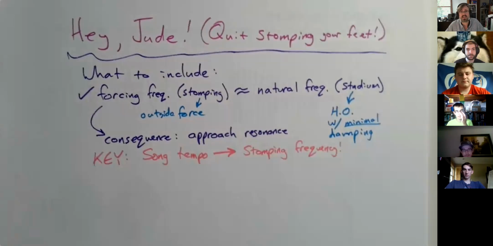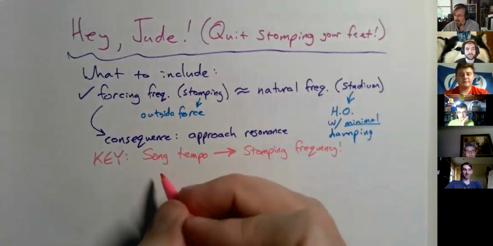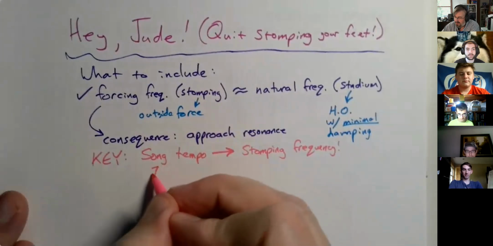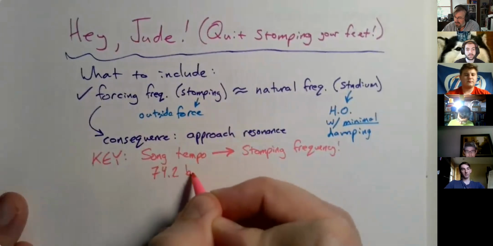We're all sitting at computers with the ability to hop on Google and ask Google any question like, what's the tempo of Hey Jude? 74.2 BPM. I'm so glad you looked it up. I figured somebody was going to. It turns out that the song tempo, which according to some website somewhere, is roughly 74.2 BPM.